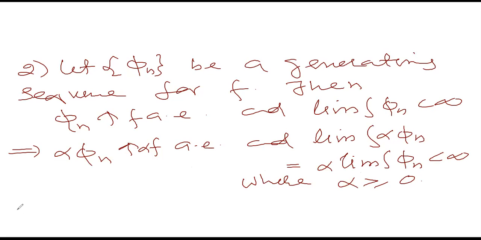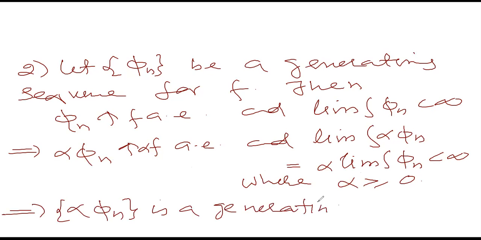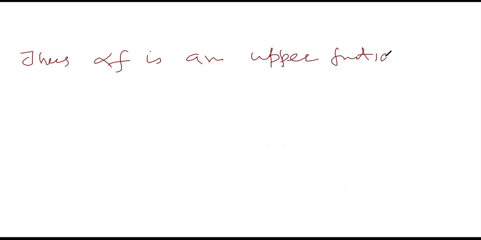So this implies alpha phi n is a generating sequence for alpha f. So thus alpha f is an upper function, where alpha is greater than or equal to 0.